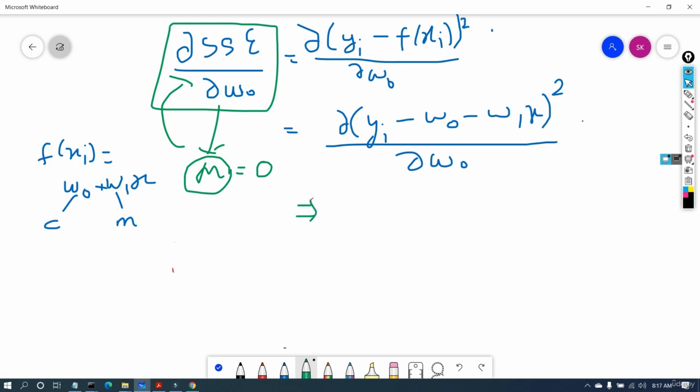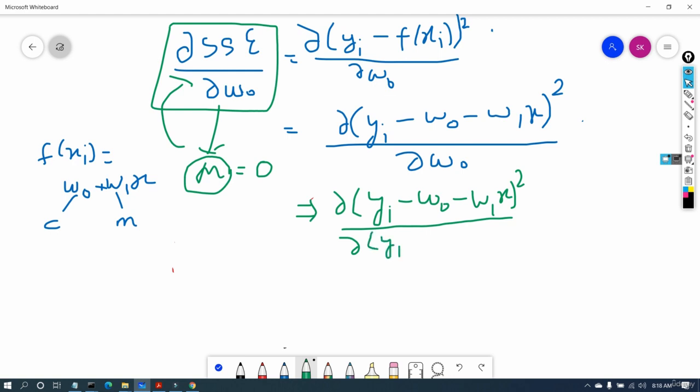So you can see in this expression we have the existence of omega naught, but only single. So what we need to do is, first of all, we need to apply the chain rule. So chain rule is nothing but, let me take an example, omega naught minus omega 1 x square. This is the upper equation, and now we are going to apply the chain rule over here.